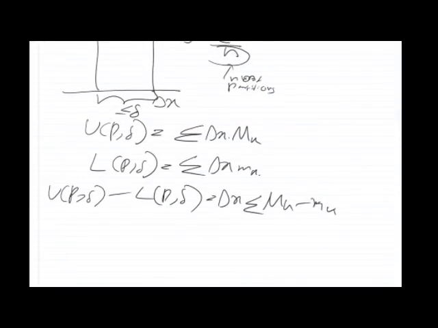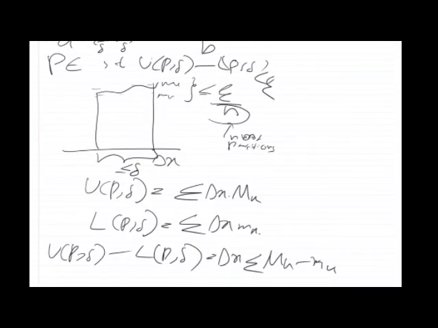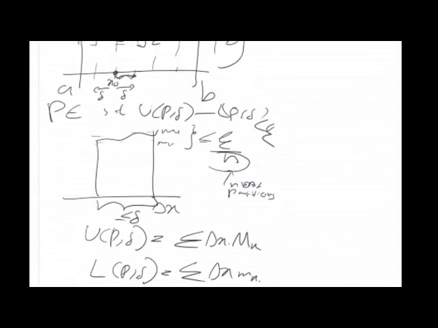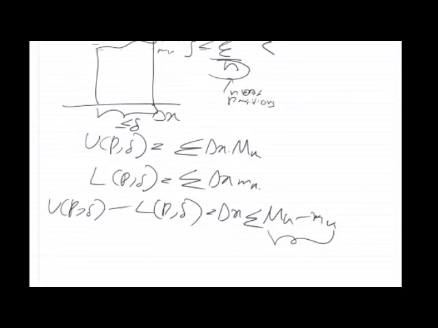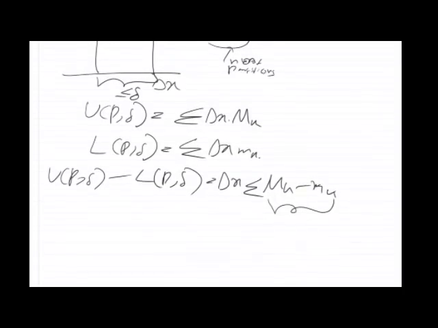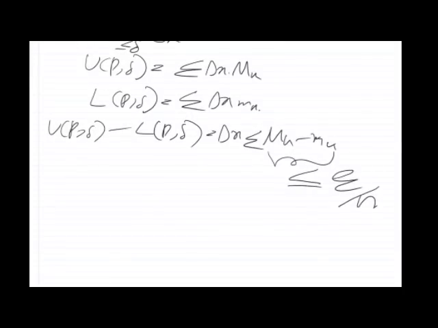Now that is the important thing. I make this partition in a way that this value in each small partition is less than or equal to epsilon by n, and there are n partitions. So we can say that this is less than or equal to delta x times epsilon over n.